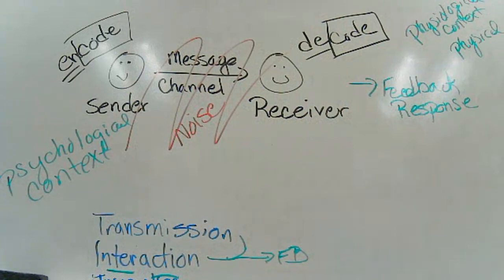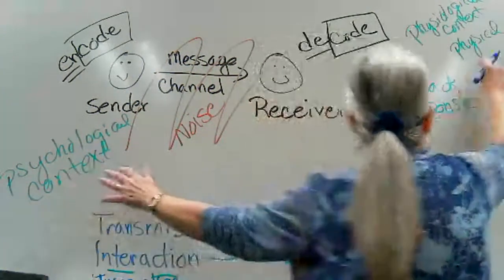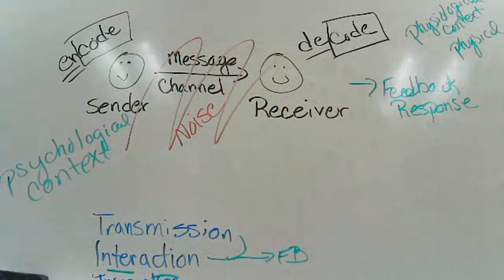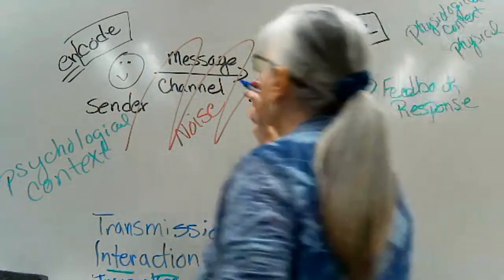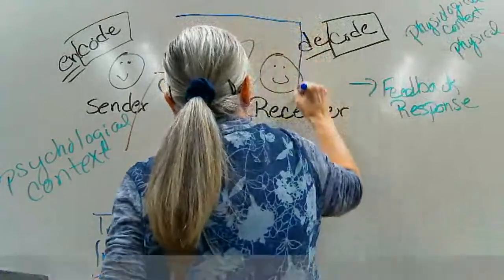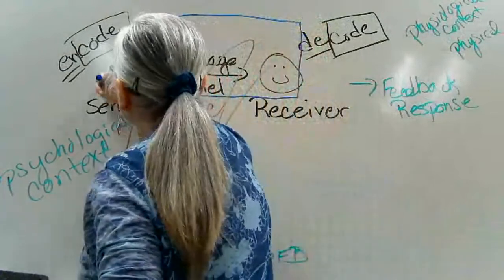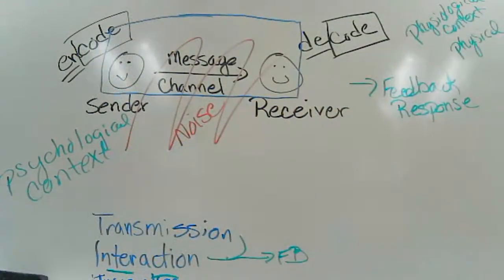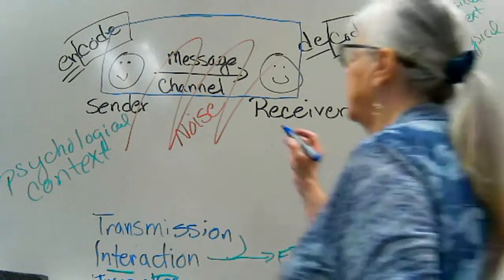Okay, so when we start to look at, so we've got context here and context here. Now we're going to add some additional context, okay? So the context we're going to add now are really going to focus on some critical elements. The first one at the bottom of that, it says the relationship.